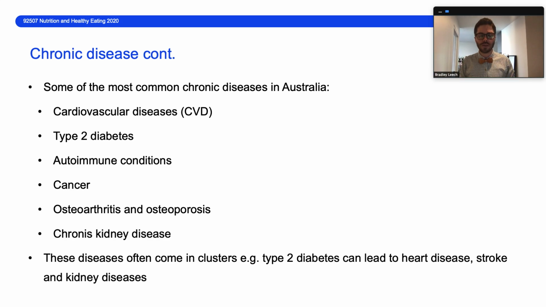We'll discuss the difference between type 1 and type 2 diabetes later on in this session. Other chronic diseases may include particular cancers, osteoarthritis, which is the degeneration of cartilage within joints, or even osteoporosis, as we mentioned earlier, which is affecting the bone mass. And lastly, kidney disease.